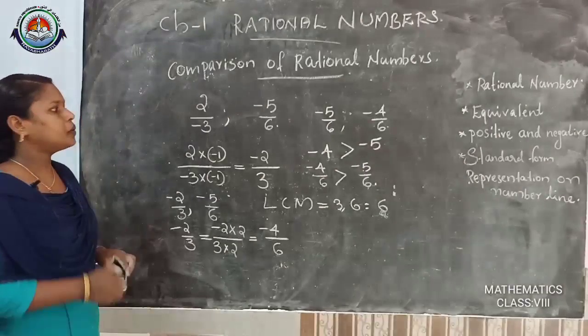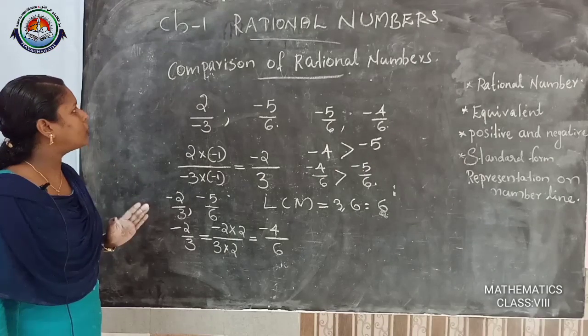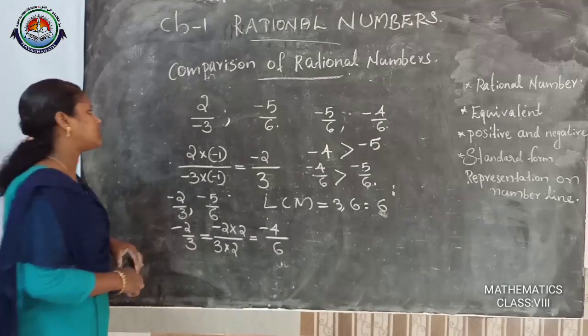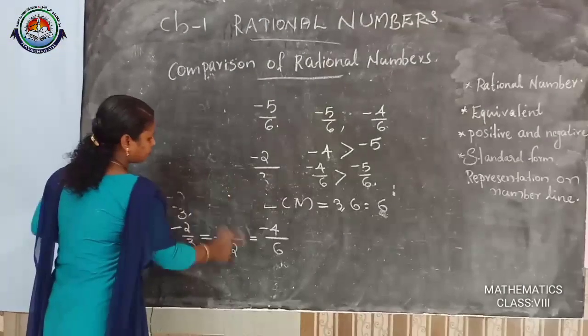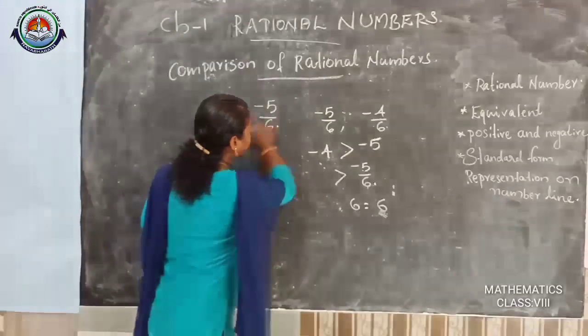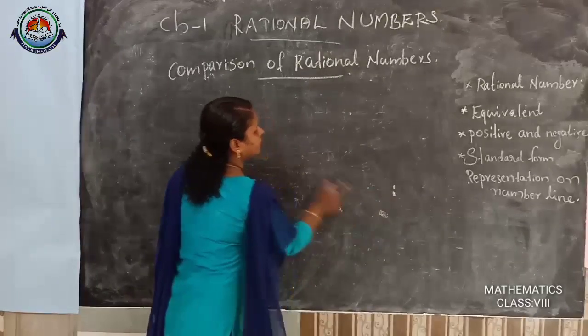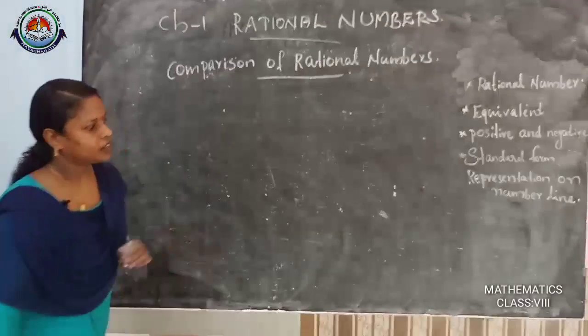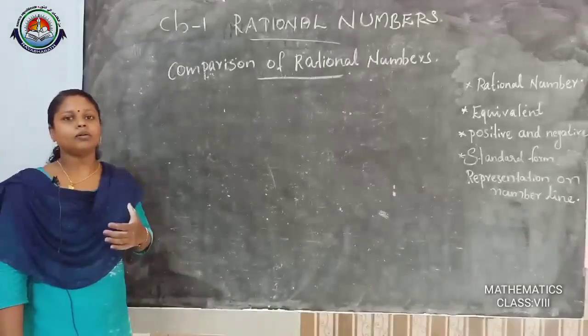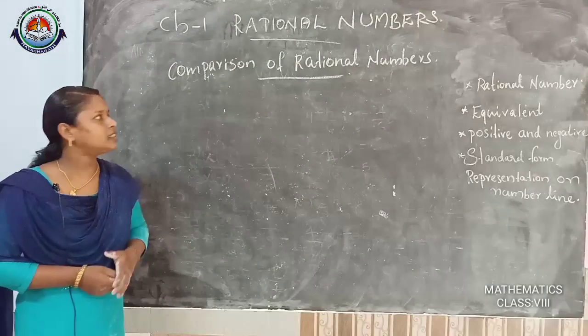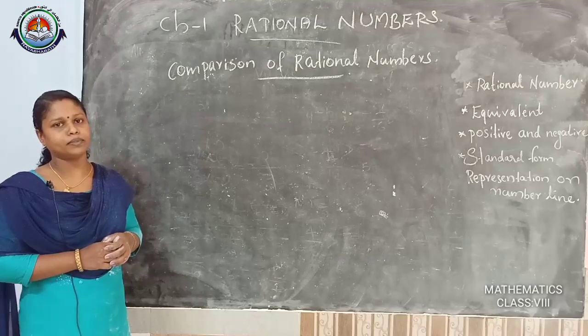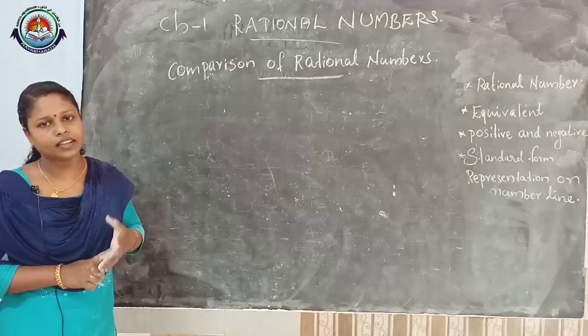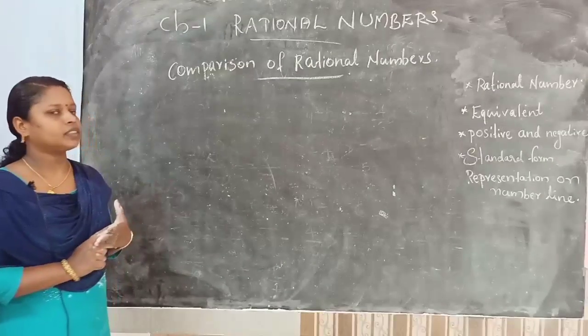Okay, I think you got an idea about the comparison of rational numbers. And today we discussed absolute value and comparison of rational numbers. I think these two topics are clear for you. Okay, thank you.